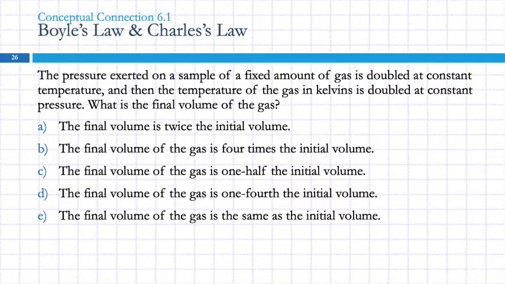Does it get bigger or smaller? It gets smaller by the same factor. So that means the volume is going to be divided by 2, right? So now we've got half the volume. And then it says, now the temperature of that gas in kelvins is doubled at constant pressure. When I double the temperature, does it get bigger or smaller?